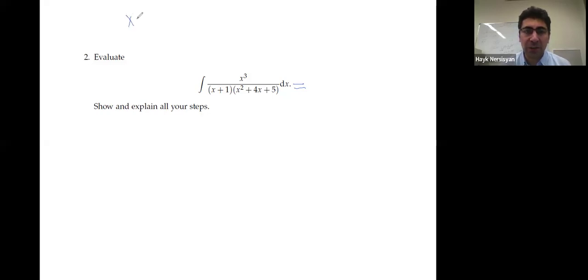We have to divide x squared by, what do we have here? If we open brackets, we'll get x cubed, 5x squared, how many x's do we have? 4 plus 5, 9x, and plus 5.